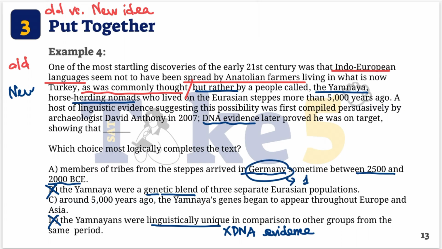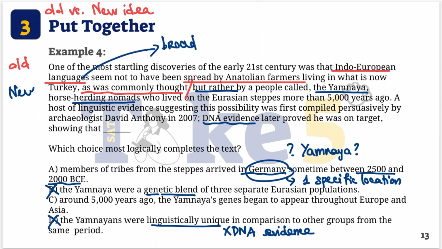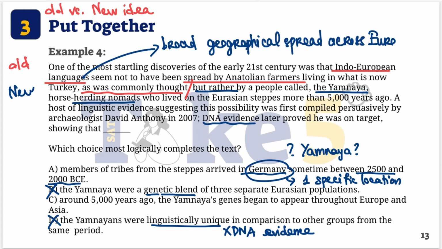This is in the right direction, but notice what's missing. It only mentions Germany, one specific location, and doesn't mention the Yamnaya by name. The main idea is about a broad geographical spread of the Yamnaya across Europe and Asia, hence the Indo-European language. A single arrival point in Germany is too narrow to count as proof of widespread language diffusion.